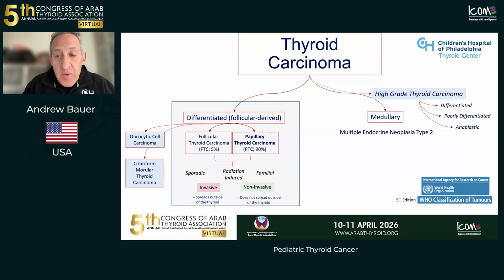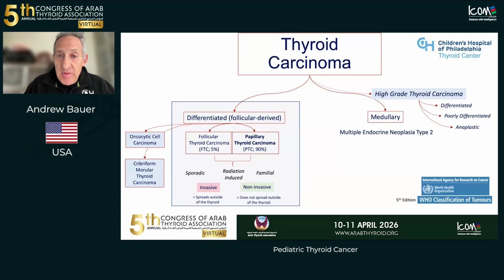In the fifth edition of the World Health Organization, there's been a further stratification. And so there's now high-grade thyroid carcinoma, which is either differentiated or poorly differentiated, which we are also seeing in pediatrics. And there's been some separation of some of what had been previously thought of as differentiated thyroid cancer, but has been separated mostly because of the molecular biology.